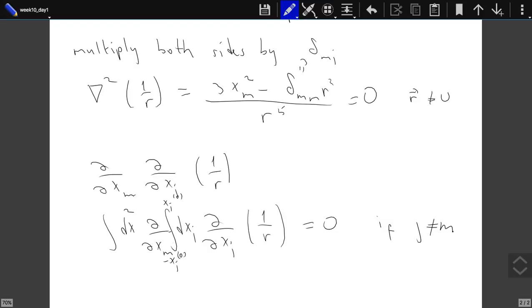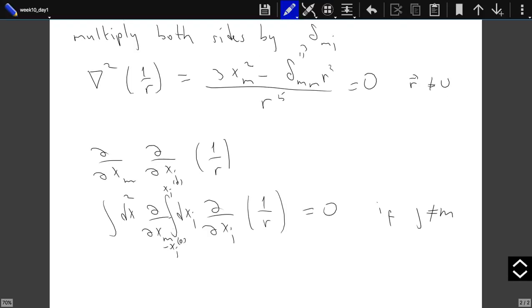And I'm only considering a very, very small region around the origin, so I kind of ignore the first part. I'm just looking at whether there's a Dirac delta or not. But there should be a Dirac delta if j is equal to m.